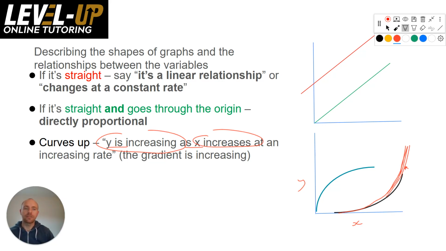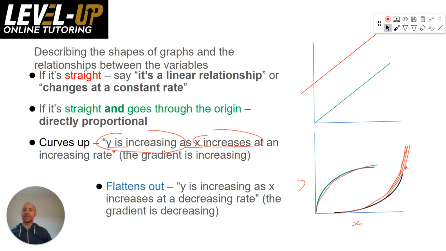It's increasing at an increasing rate. If you think about that for the blue line now, you might say that, well, y is increasing as x increases, but it's getting less, so it's increasing at a decreasing rate. Okay, and these are very common descriptions, really easy to roll out.